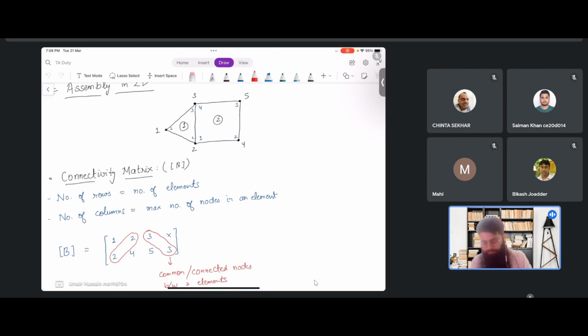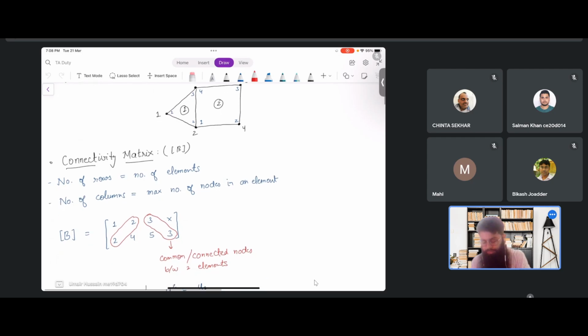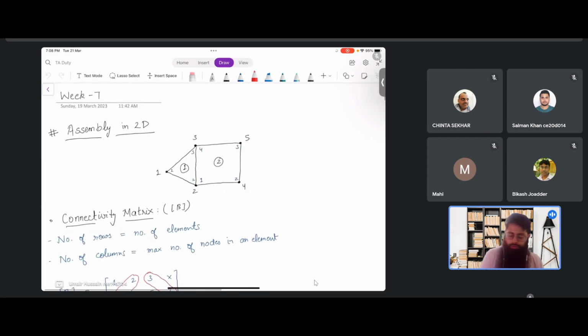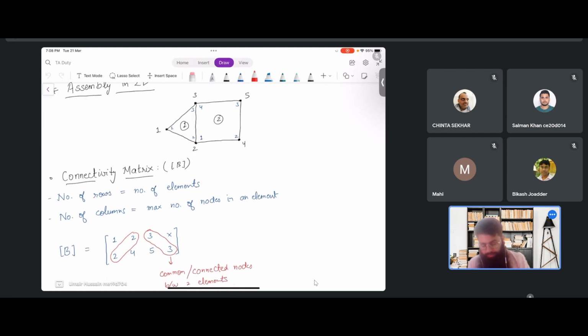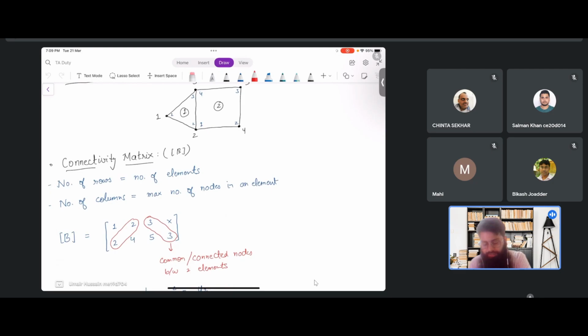I have discussed this concept quite a few times, and I might have discussed a few problems, even in 1D as well. So suppose we have this domain here, which has one triangular element and another quadrilateral element. Based on how we are numbering the local nodes, we will fill the connectivity matrix. I think I discussed this last time also. Someone mentioned that we need to know the local node numbers.